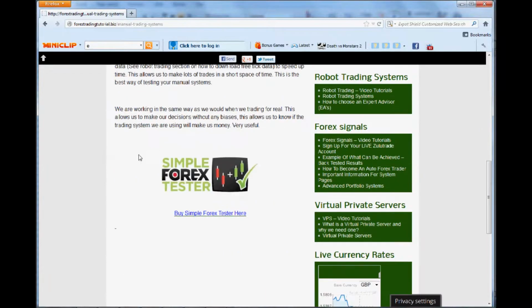The other way to do it, for people who want to actually do their own system, is Simple Forex Tester. This is a simple program for MetaTrader 4, and it allows you to use historical data and to fast forward and rewind the market, so you can actually trade the market as if it was live, but in a very, very fast and compressed format.